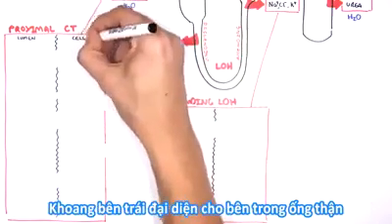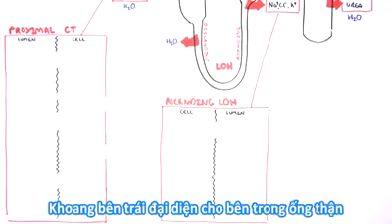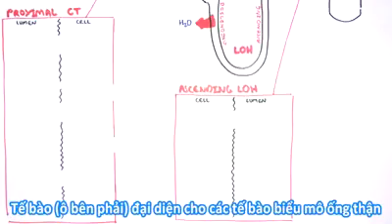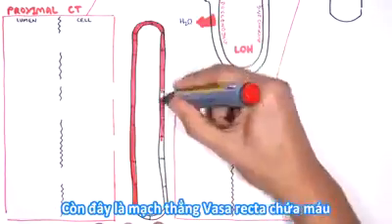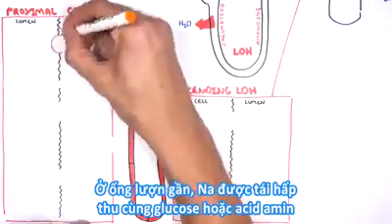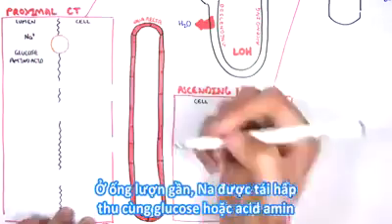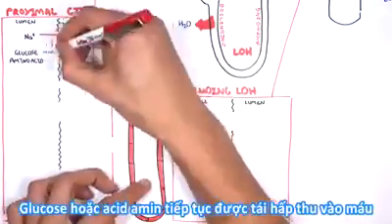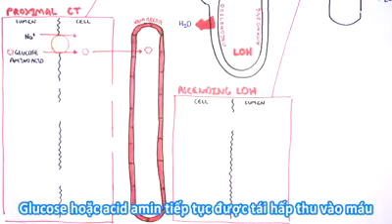The lumen here refers to the tubule of the nephron, so inside the nephron tube. The cells here refer to the cells which line the tube of the nephron. And here is the vasa recta, which is the circulation. In the proximal convoluted tubule, sodium gets reabsorbed together with glucose or amino acids. The glucose or amino acid will then get reabsorbed back into circulation.